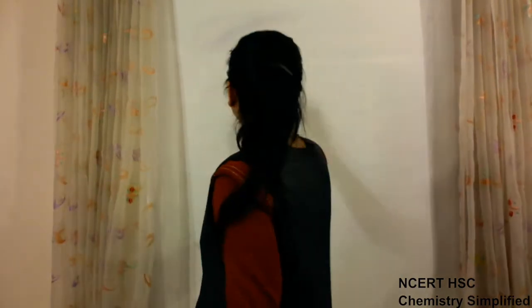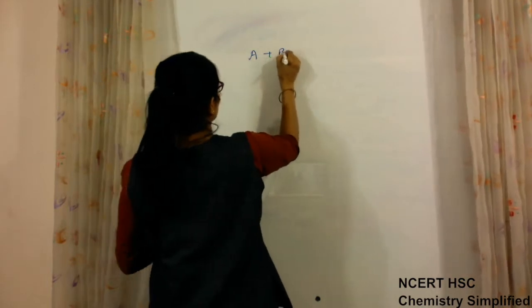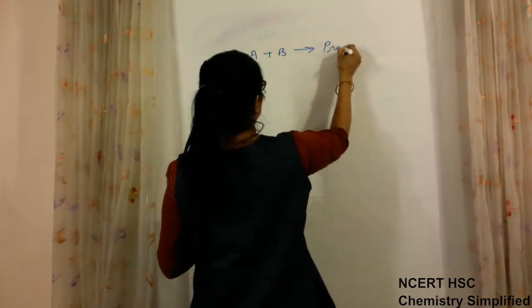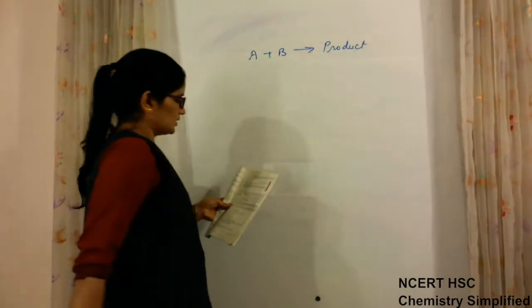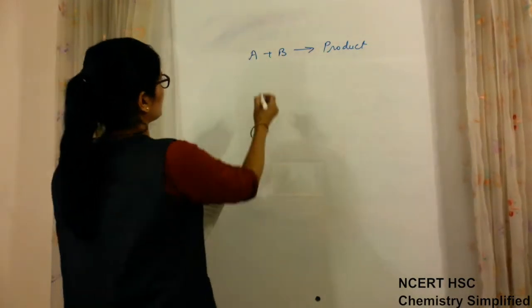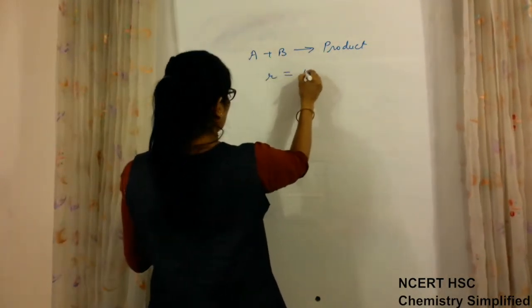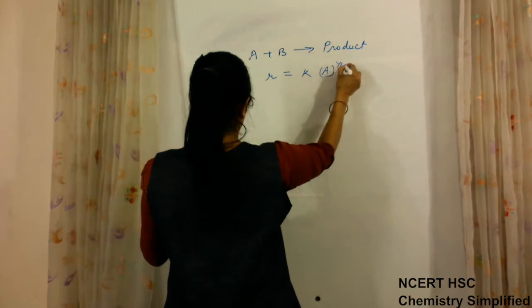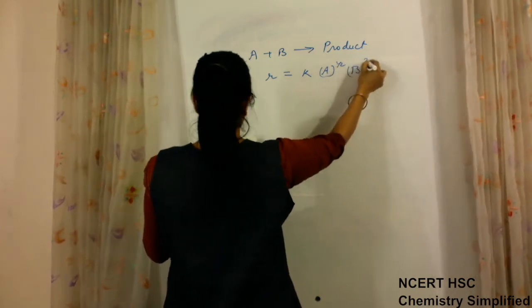Now for a reaction, we are doing two in-text questions. For a reaction A plus B gives product, the rate law is given by R is equal to K A to the power half B to the power 2.